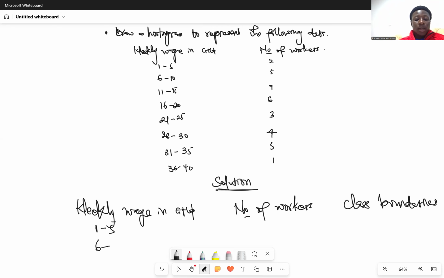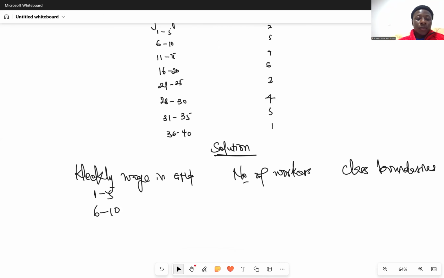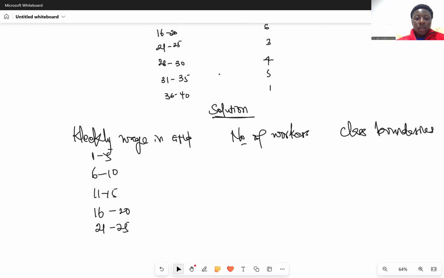We have 6 to 10, then 11 to 15, then 16 to 20, then 21 to 25, then 26 to 30, then 31 to 35, then 36 to 40.